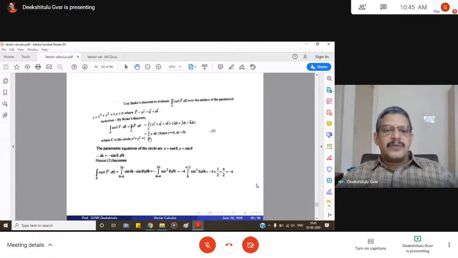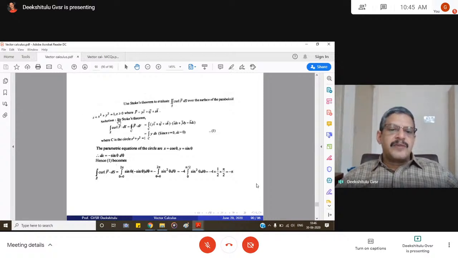Okay, the line integral over C of y dx. The curve is x square plus y square is equal to 1. I think there is a mistake here, z is not there.